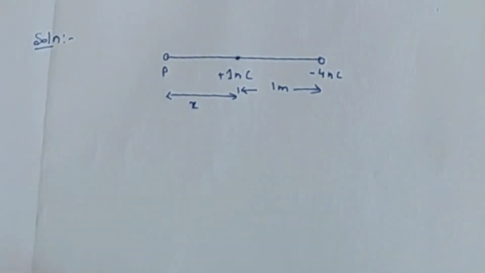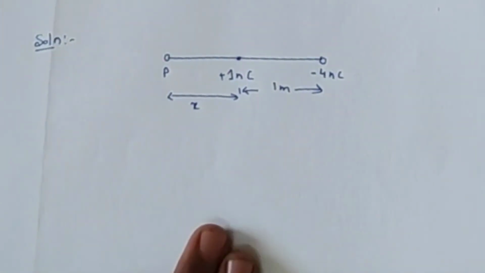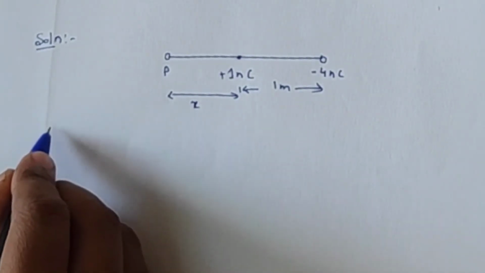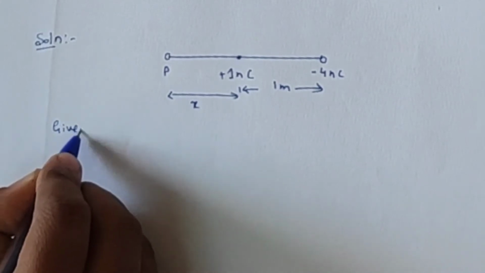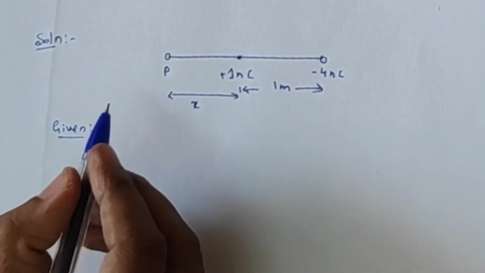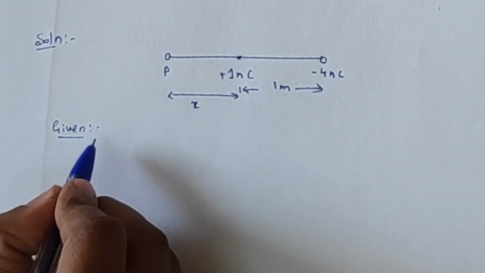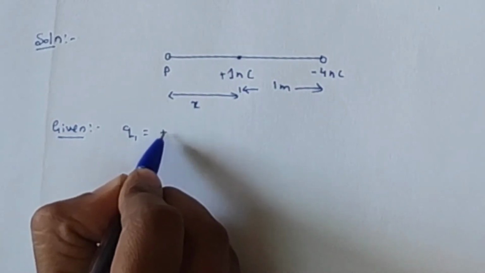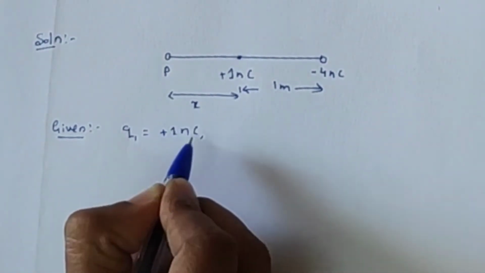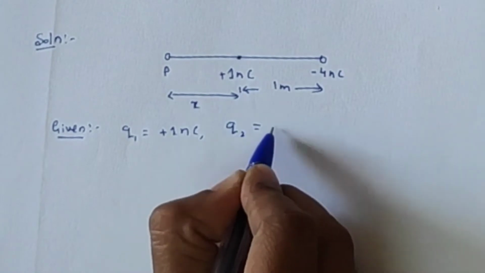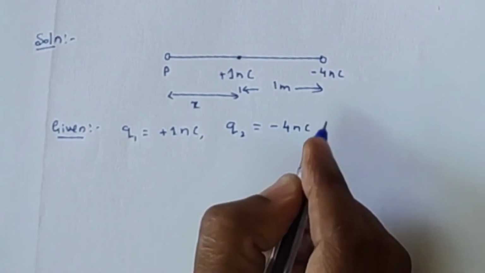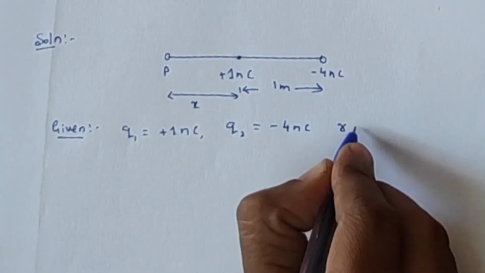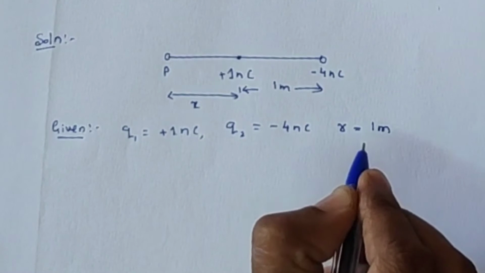So the given data is Q1 equal to plus 1 nanocoulomb, Q2 equal to minus 4 nanocoulomb, and r equal to 1 meter.